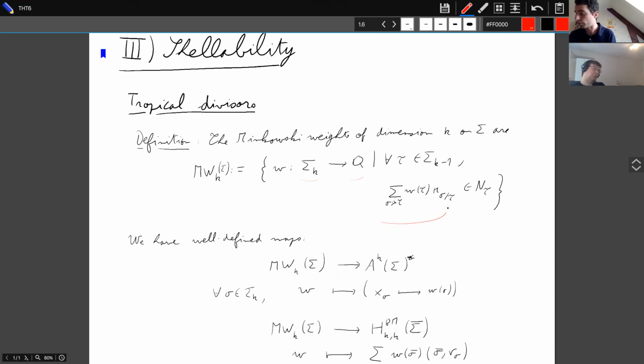You have this sum, so more or less it's a balancing condition, but in a lower dimension. If you prefer, we forget every face of dimension more than k, and then we put some weights, which can be negative, and we want the weighted tropical fan to be balanced.